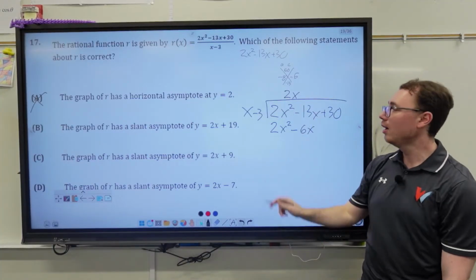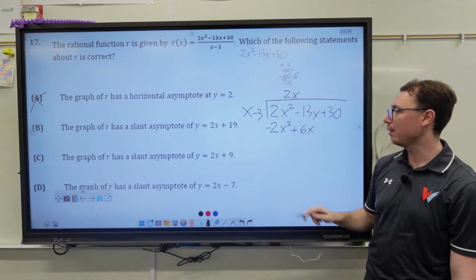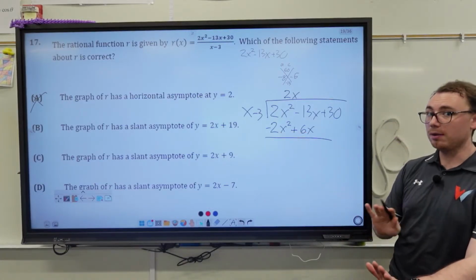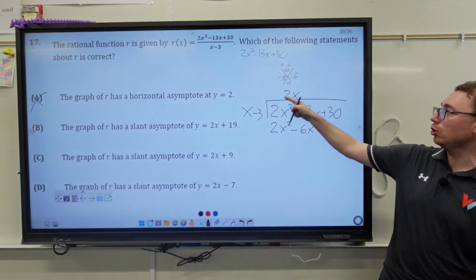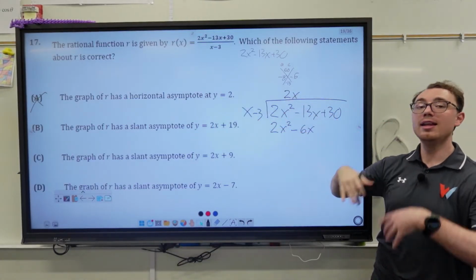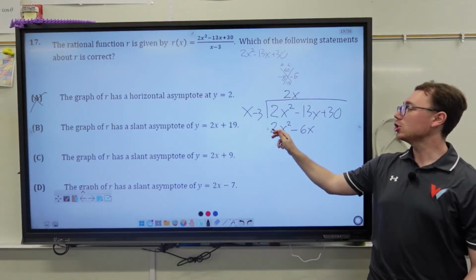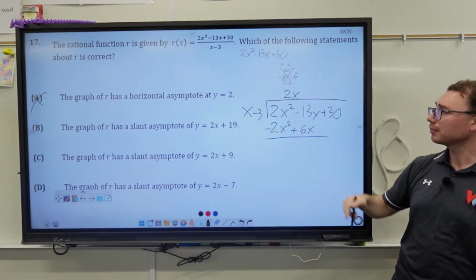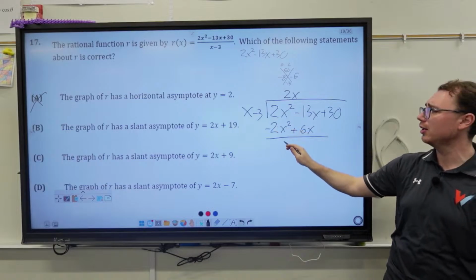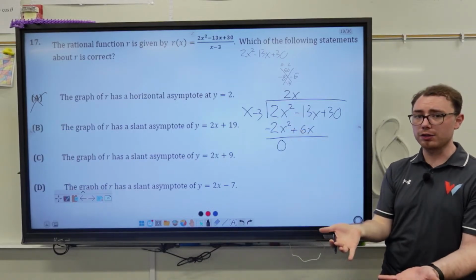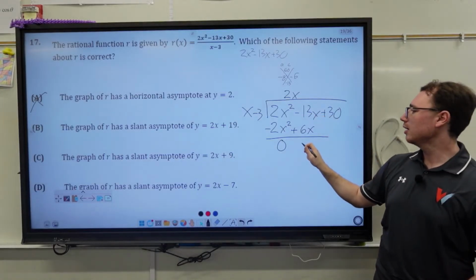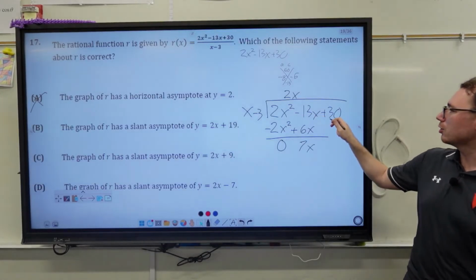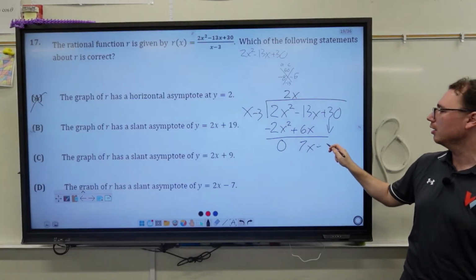And now I do keep, change, flip. That was a very important step. Notice how for this value, it's just 2x times this one here. Then I change the signs of everything, because 2x squared minus 2x squared gives me 0, getting rid of that first term. For this one here, negative 13x plus 6x gives me negative 7x. I drop down the rest, plus 30.